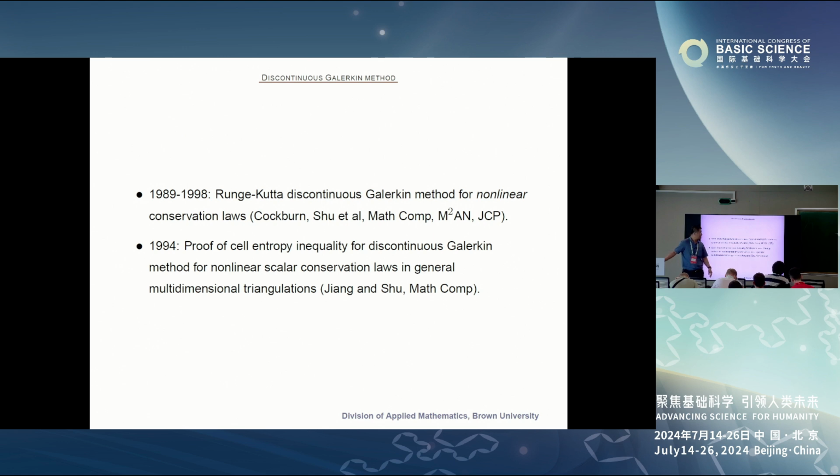Both of us were actually postdocs at the University of Minnesota in 1986 to 87. That was the IMA, Institute for Mathematics and its Applications. That year was the year of scientific computing. So we were both there as postdocs. And then we started talking and working on this thing.